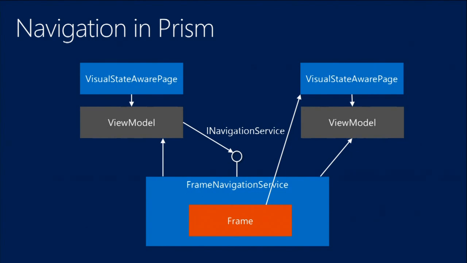So it basically just has a well-defined abstraction there to say if whatever the data context of the view model is an INavigationAware, then I know how to call it, and I can call these OnNavigatedTo and OnNavigatedFrom methods on it without being coupled to the types at all.